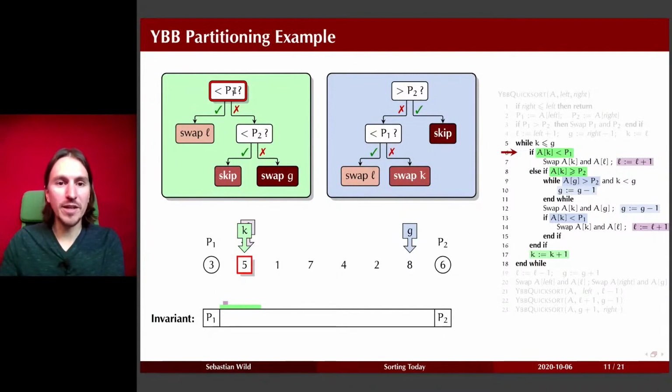In this case, we're bigger, so we follow that branch. So we're here, and so we compare with the bigger pivot. And that brings us to that point. We found a medium element. That's true. 5 is between 3 and 6, and medium can be skipped for now. That's what this tree tells us. And then we move on with the green pointer.